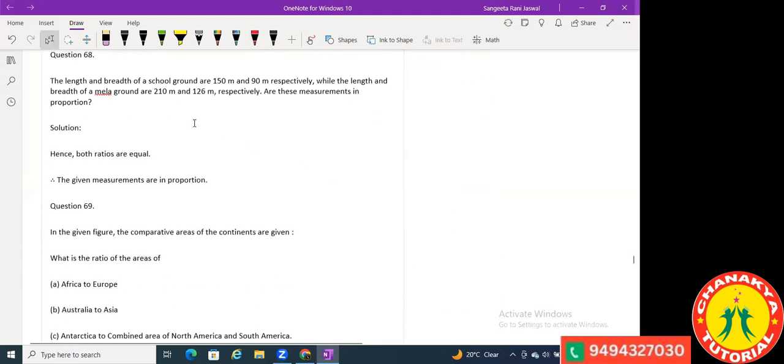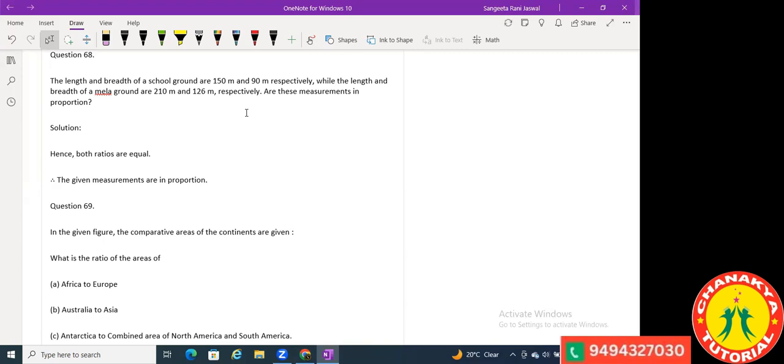Okay. Now, Ashwath, you read this question. Where is Ashwath? The length and breadth of a school ground are 150 meters and 90 meters respectively, while the length and breadth of a Mela ground are 210 and 126 meters respectively.